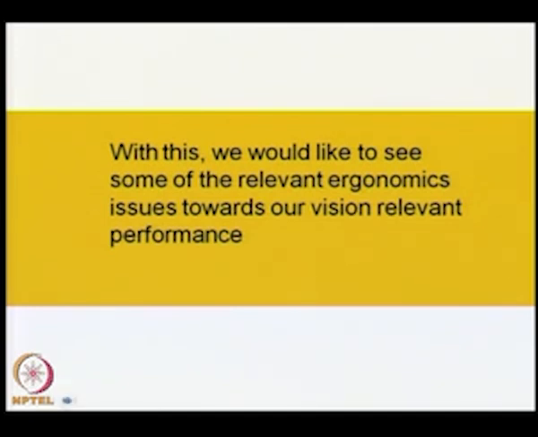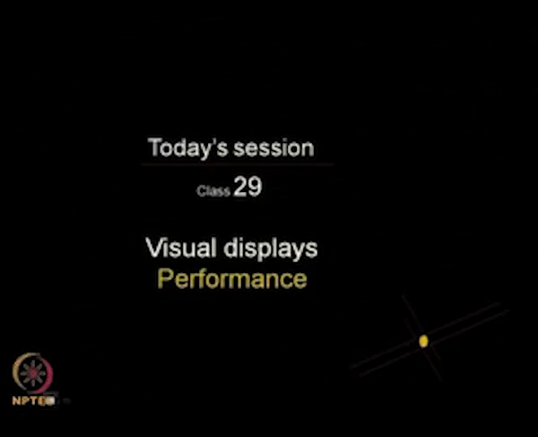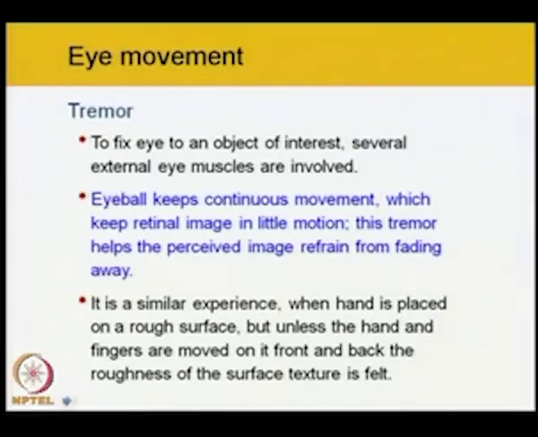So today's session, class number 29, concentrates on visual display, that is the performance. Now, some of the facts we would like to discuss today. One aspect is tremor. To fix the eye on an object of interest, several external eye muscles are involved.